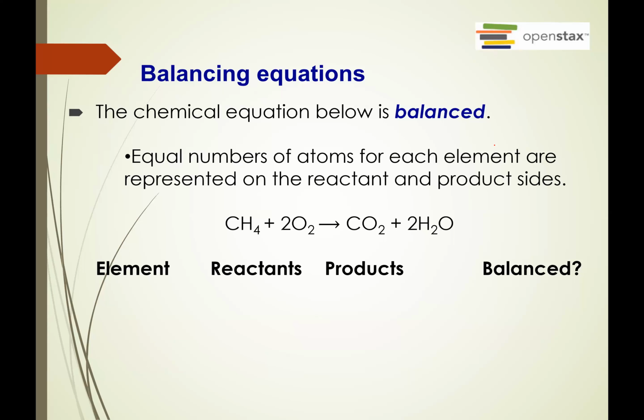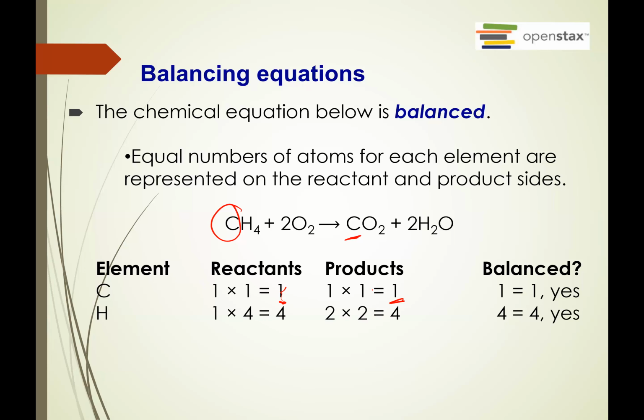If we look at this equation, for example, our carbon, we have one carbon on our reactant side, and we have one carbon on our product side. We have to have the same number of atoms in the reactants as we do in the products. They don't need to be in the same arrangement, but there has to be the same number of atoms.